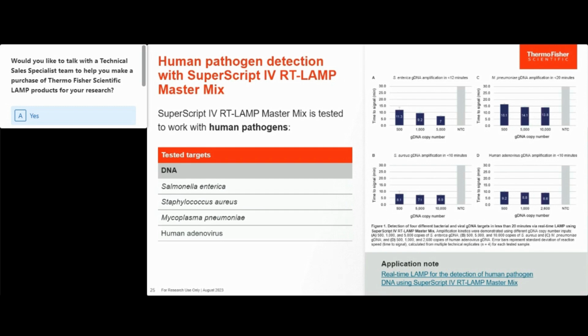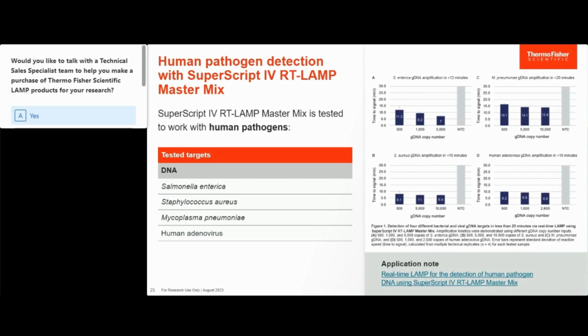I just want to highlight that even though SuperScript IV RT-LAMP master mix contains a reverse transcriptase to generate cDNA in RT-LAMP, it can be successfully applied to amplify bacterial or viral genomic DNA.